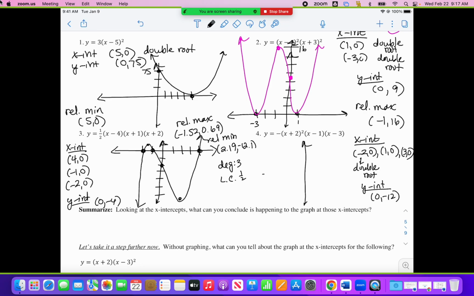All right, so this one was interesting. I had a lot of stuff here. So I've got a -2, a 1, a 3, and I'm going to go by 4s to squeeze this in.